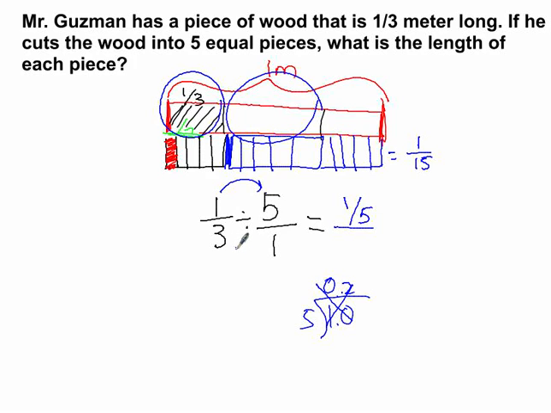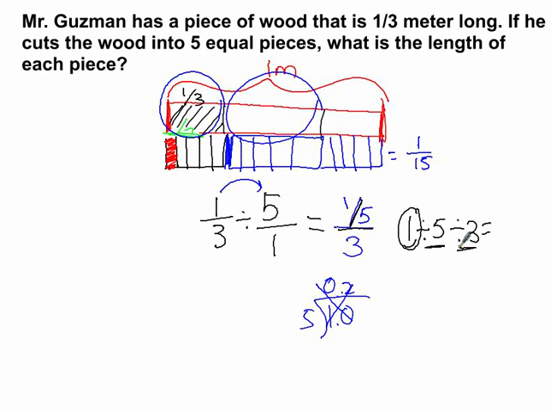My 3 divided by 1, well, that's pretty simple. 3 divided by 1 is 3. And therein lies my answer, 1/5 thirds. Wait a minute. That looks kind of funny. Well, let's break up what this means. It's saying 1 divided by 5 divided by 3. 1 divided by 5 divided by 3 equals 1 divided by 15.